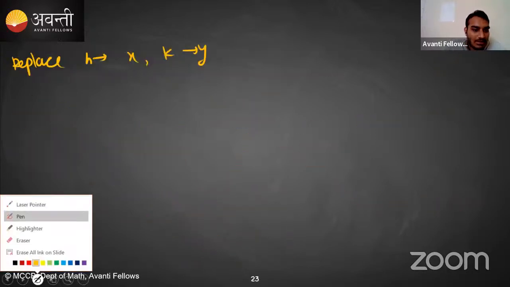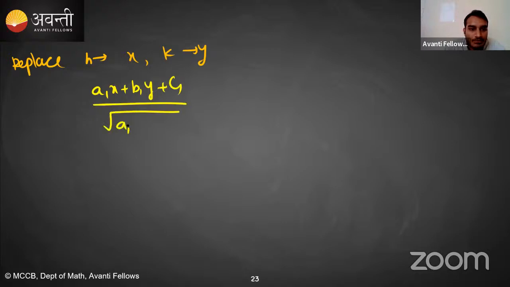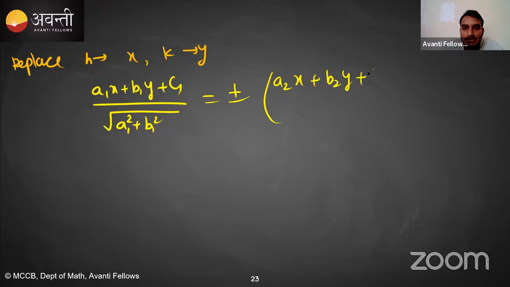So what is the answer? Now I'm writing with this color. A1X plus B1Y plus C1 upon under root of A1 square plus B1 square is equal to plus minus A2X plus B2Y plus C2 upon under root of A2 square plus B2 square.